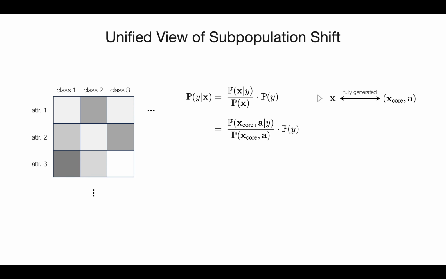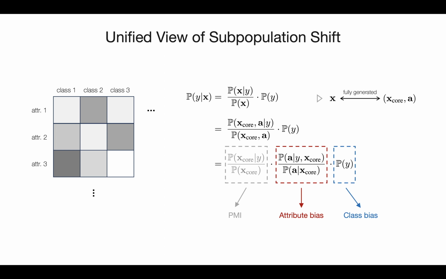As such, we can integrate this modeling back into the equation and decompose it into three terms. The first term represents the pointwise mutual information between X_core and Y, which is the robust indicator related to the underlying class labels. The second and the third terms correspond to the potential bias arising in the attribute distribution and the label distribution, respectively. Such modeling explains how the attribute and the class influence the outcomes under subpopulation shift.